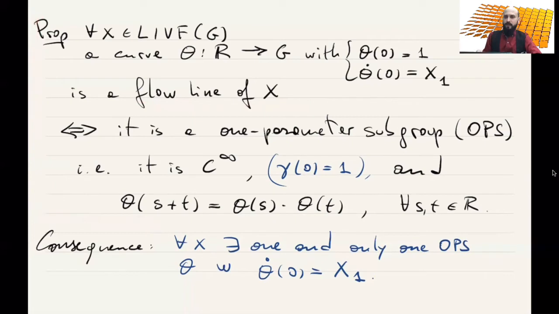The key observation in proving that proposition is the following.